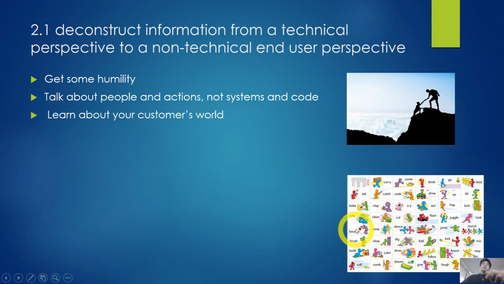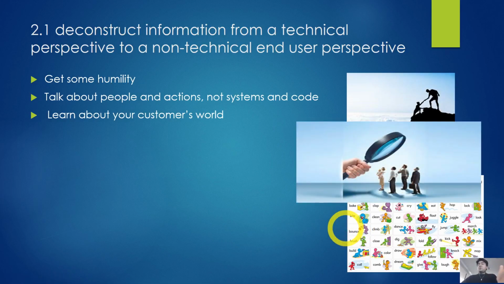The third one is learn about your customer's world. For example, if you are in a chemical department, it's better that you know some concepts that the user has, maybe the periodic table.